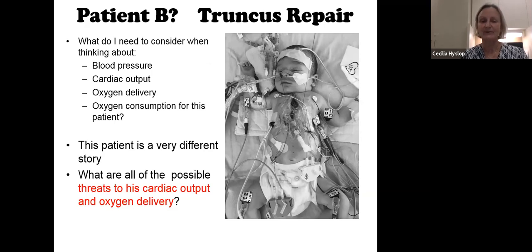So we need to think about all of the possible threats to his cardiac output. We also need to remember that a truncus isn't a truncus isn't a truncus, and a TET isn't a TET isn't a TET, that you can have some patients that do very well and some patients that are fraught with difficulties and potentially have a cardiac arrest.